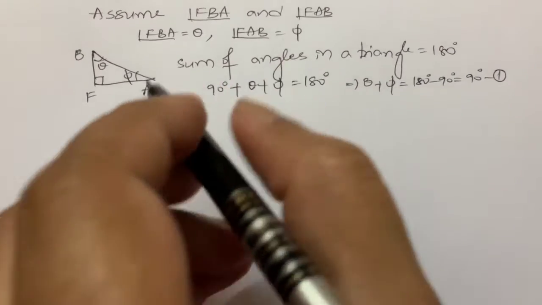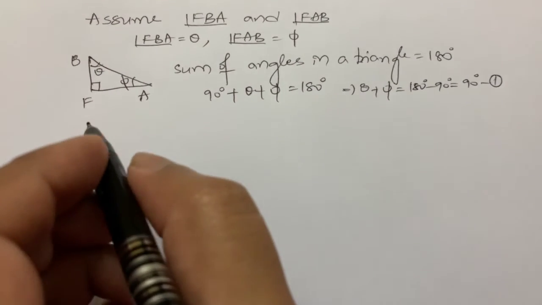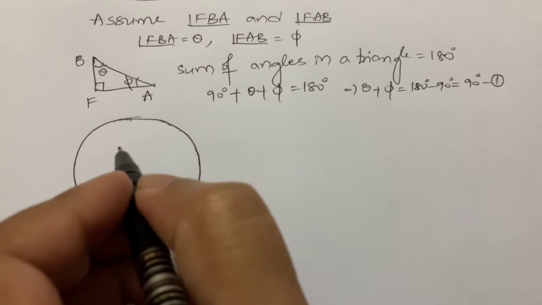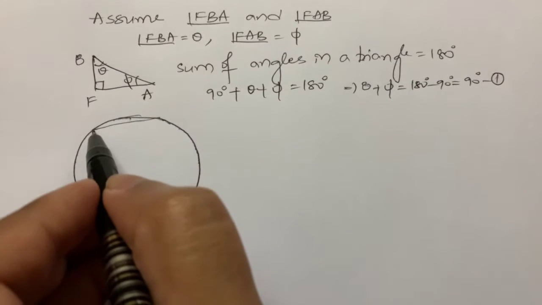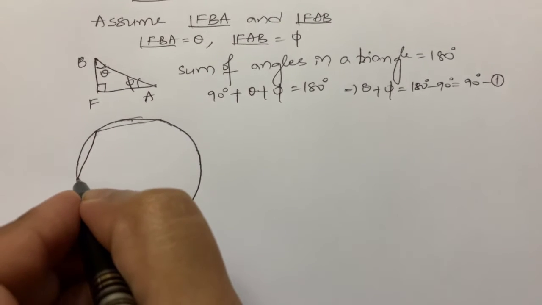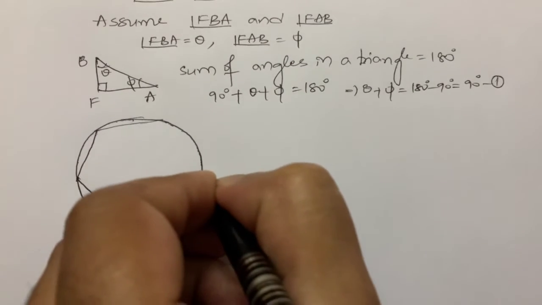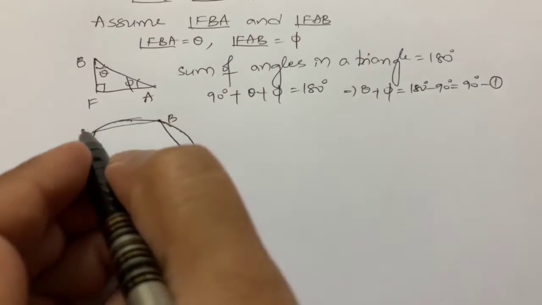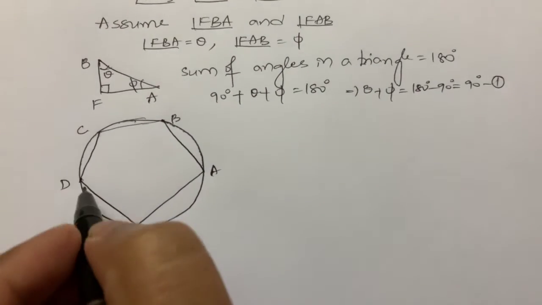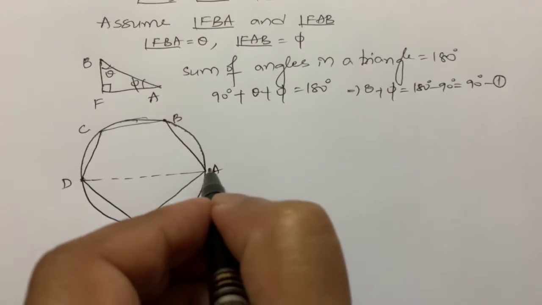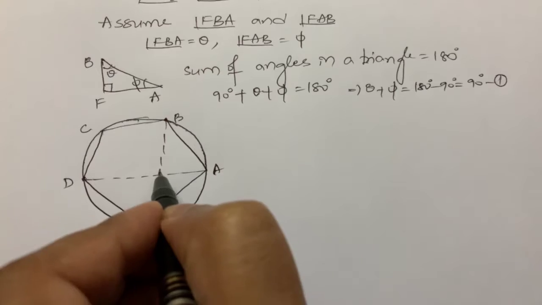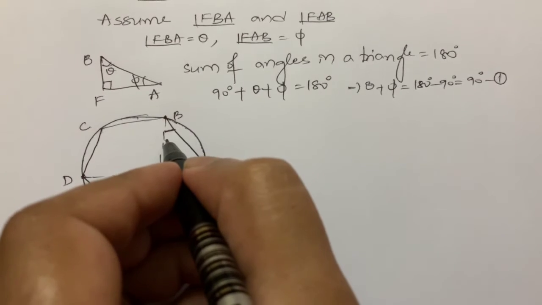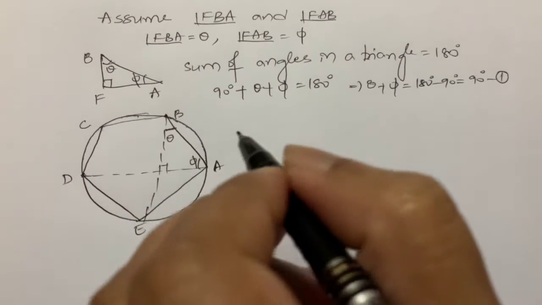They are connected by this relation, theta and phi. So, let us see the circle and the pentagon A, B, C, D, E. AD and BE are perpendicular, and this angle is theta, this angle is phi.